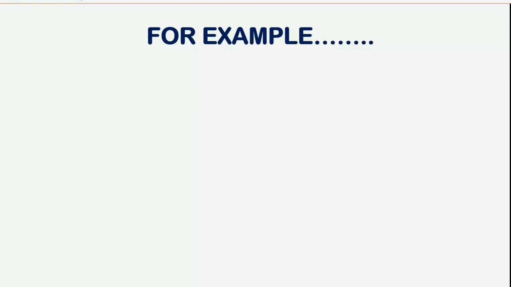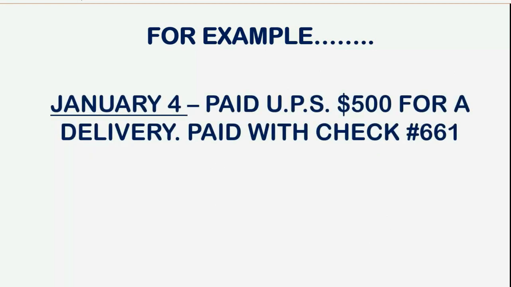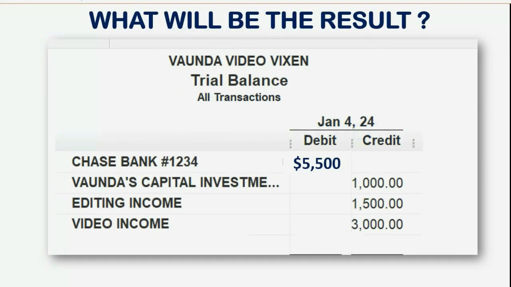For example, let's imagine on January 4th, we paid UPS $500 for a delivery, and we paid with check number 661. So at the moment we record this transaction, what will be the result in the trial balance?